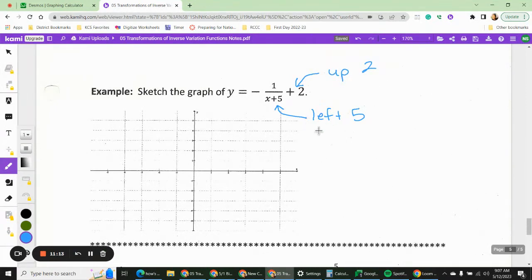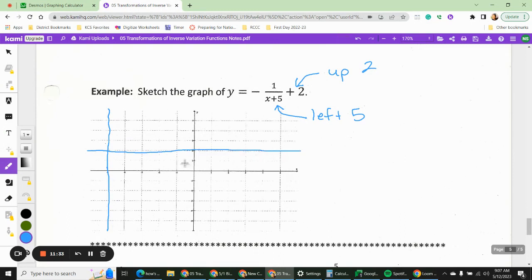So let's draw our asymptotes. Left 5, I'm going to start at the origin and go left 1, 2, 3, 4, 5. Draw my asymptote line here. The other one is up 2, so I start at the origin and go up 1, 2. Draw my lines here.